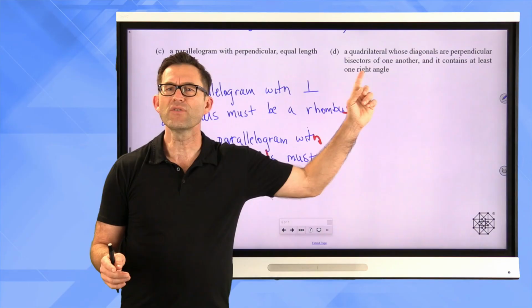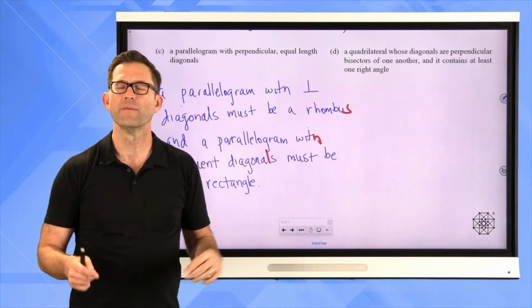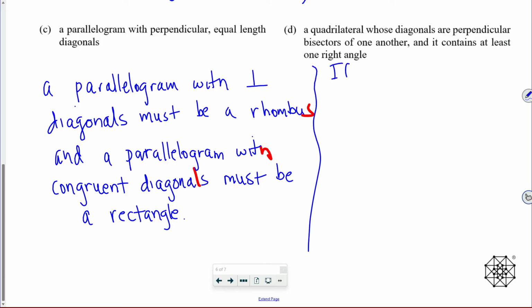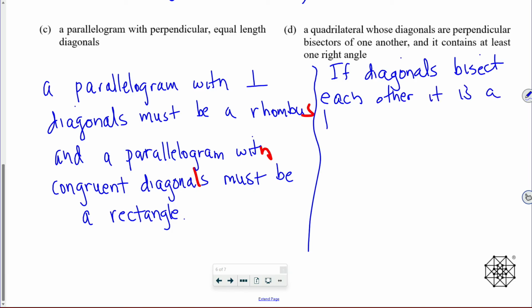If diagonals bisect one another, it's a parallelogram. Forget about perpendicular, if diagonals bisect each other, it is a parallelogram.